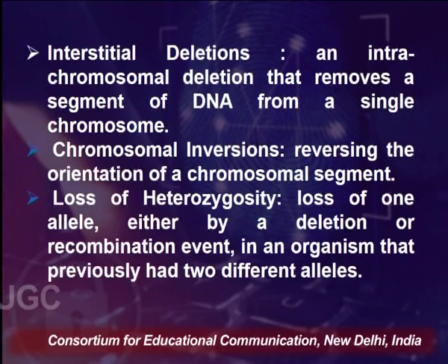For example, just take the same example of the height, that capital T and small t were two alleles present in a population, where capital T determines the taller height and small t determines the smaller height. So, because of the loss of heterozygosity, a large scale mutation, a particular allele is removed. Now, the population only has the allele of the taller height.